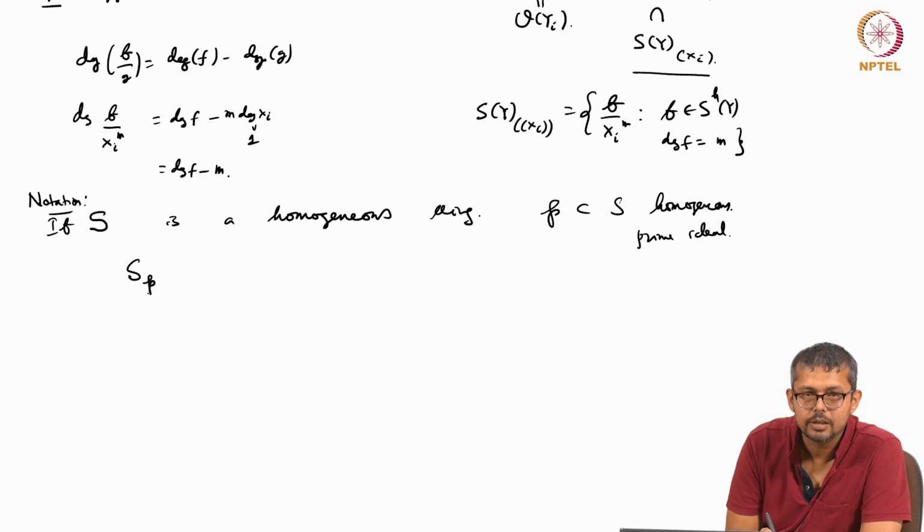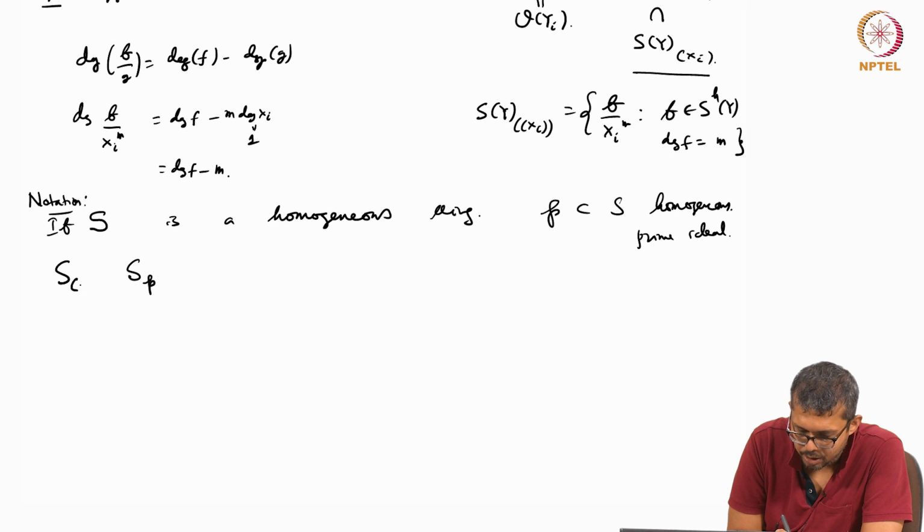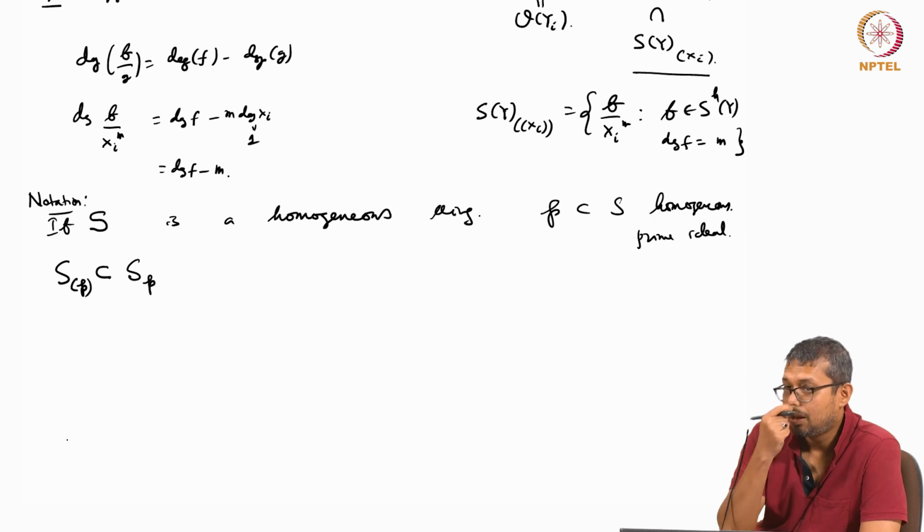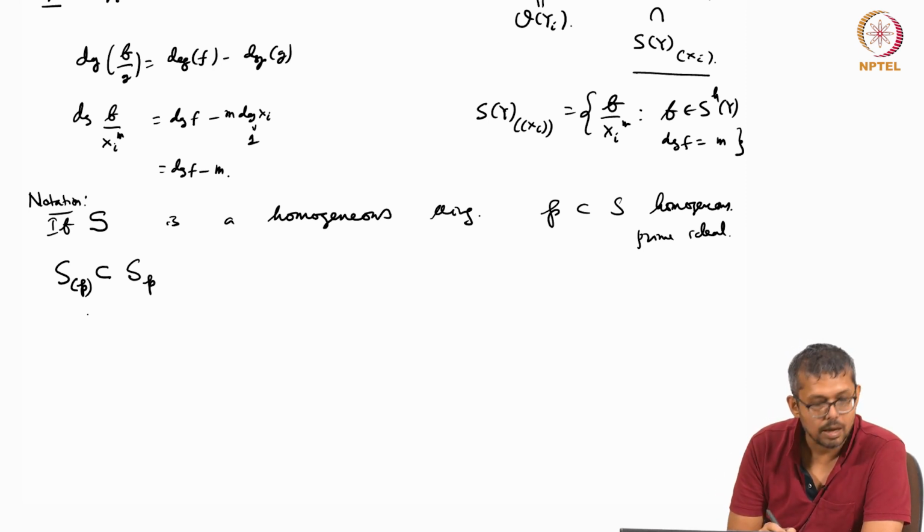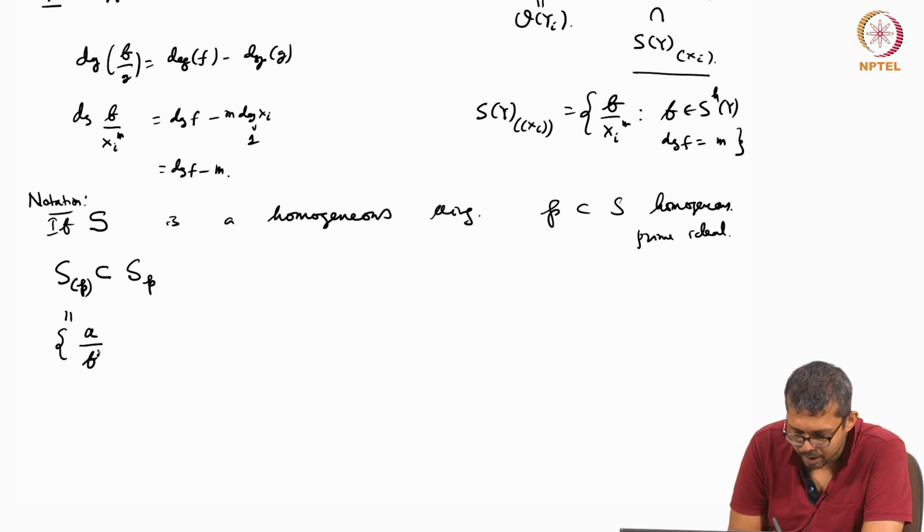This is the localization of S at the homogeneous prime ideal P. You can talk about S_(P), which is the subring of elements of the form a by f to the power m, where a is homogeneous and the degree of a equals m.